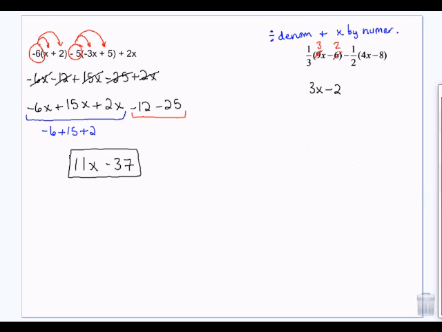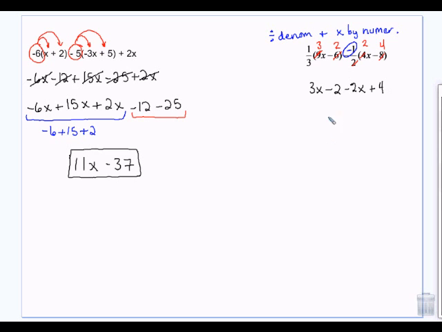Good. Okay, and if I come over here, 2 goes into 4 twice, and 2 goes into 8 4 times. I have this negative 1, so don't forget that negative right there. So negative 1 times 2 is negative 2. And negative 1 times negative 4 is positive 4.